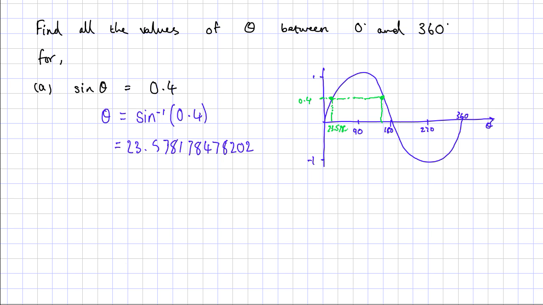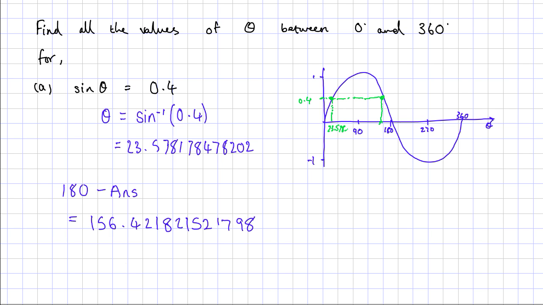If I did 180 take away my answer, I will get 156.421821521798.